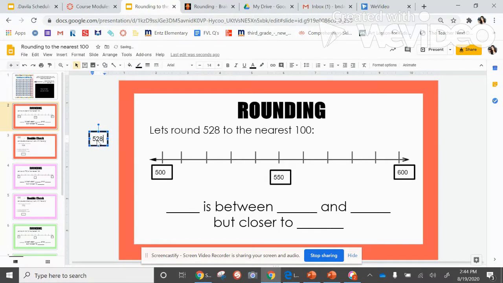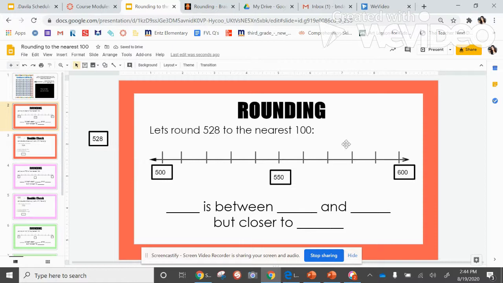So this number line, since it has 10 tick marks, will go up by tens. So if I count from 500 to 600, it will go 500, 510, 520, 530, 540, 550, 560, 570, 580, 590, 600. So I know that 528 is right before 530.